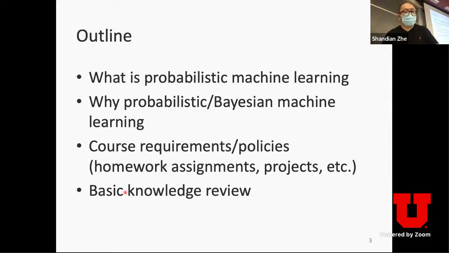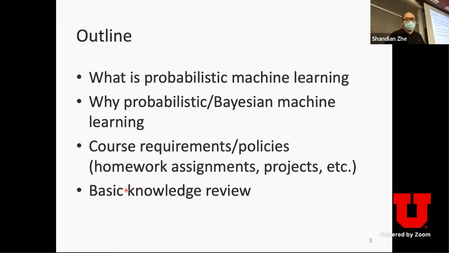And then we're going to review the basic knowledge before we get into a variety of probabilistic learning concepts, a variety of prior distributions, conjugate distributions, and different models. We're going to quickly review some basic knowledge, but this is not going to be a comprehensive review, because this is an advanced class.